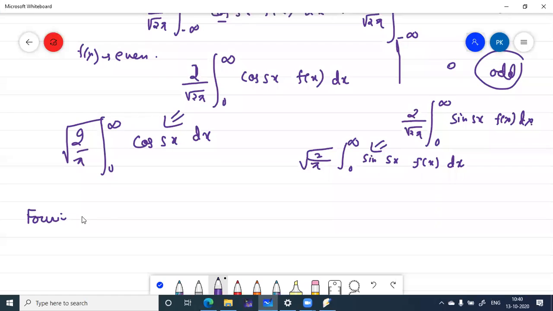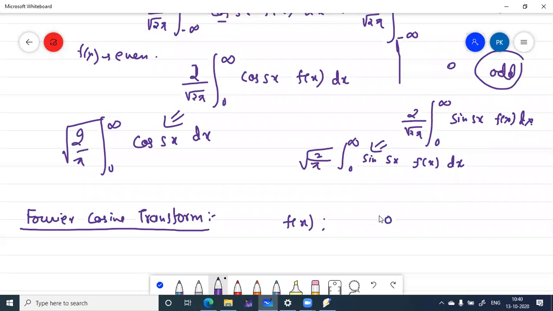What will be the Fourier cosine transform? Where is the function defined here? On the half interval. It lies between 0 to infinity and the integral is defined as, we denote the Fourier cosine transform by this C, and it equals square root of 2 by pi, integral from 0 to infinity of f of x cos sx dx.